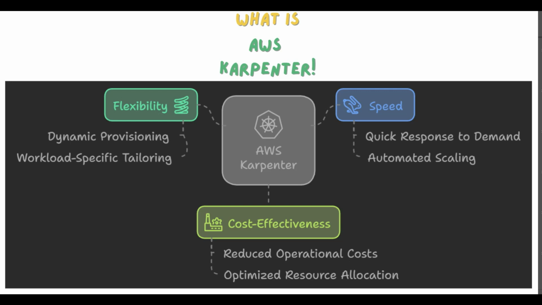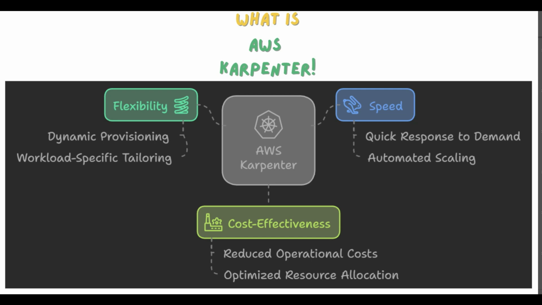Okay, so let's understand a bit more with an analogy. What is Karpenter? Think of your Kubernetes cluster as a busy restaurant, your pods are like customers, and your nodes are like tables.